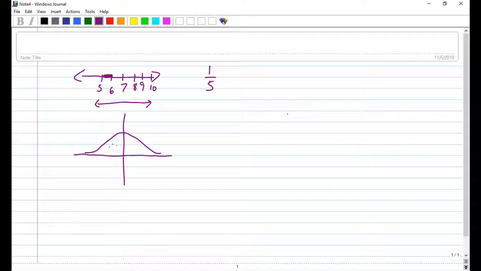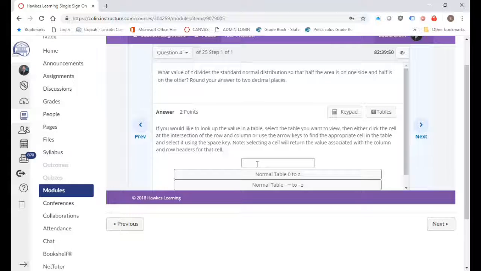So we'd have 0.5 here and 0.5 here if you look at right here in the middle. Well, what z is that right there in the middle? That's z equals 0. If you wanted to get technical, I guess, and round to 2 places, that would be 0.00. To me, 0 or 0.00 would be the same, so that's what we need to put in.